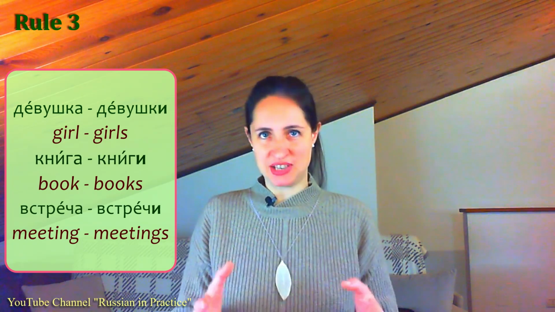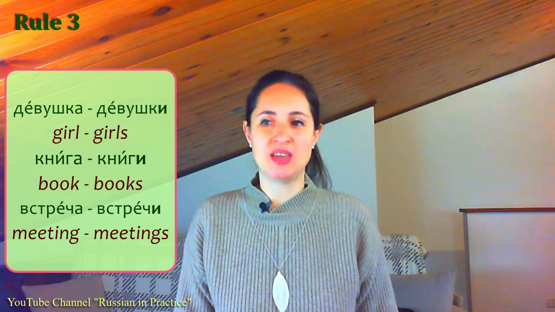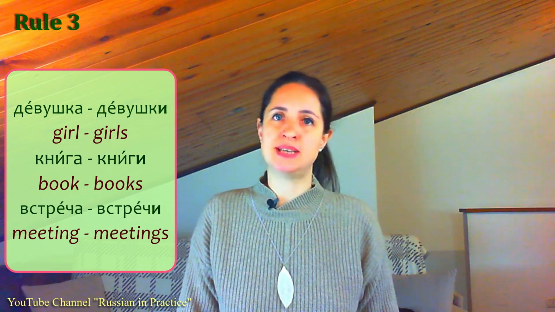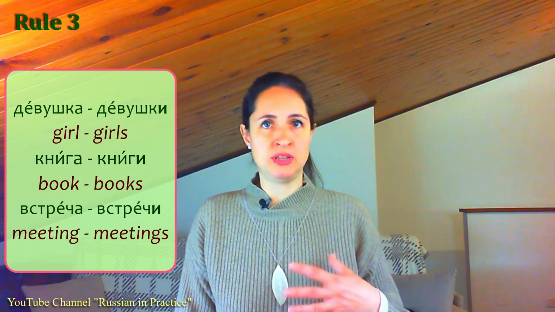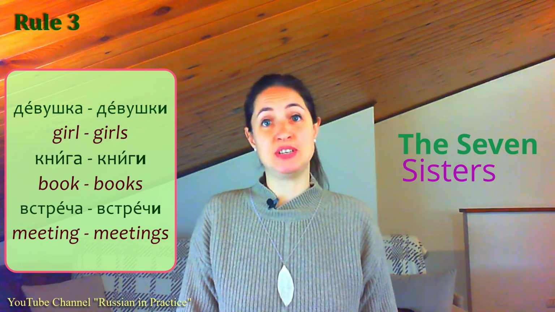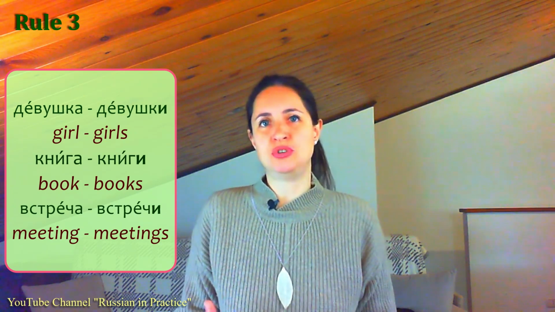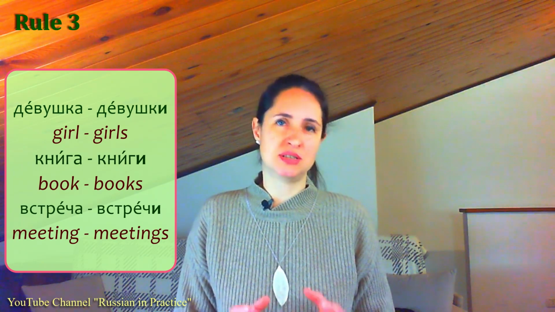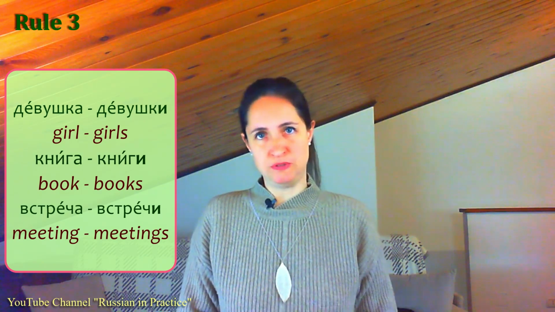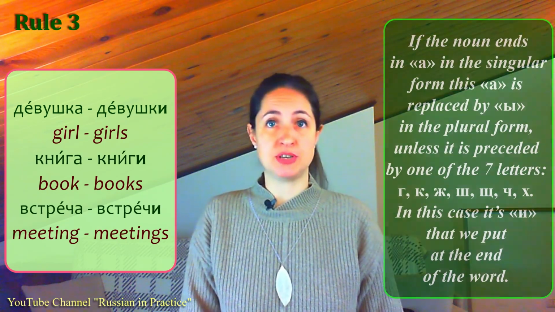This is the asterisk we noticed before. The asterisk may be translated as apart from, except. I call this rule in the poetic way the seven sisters, which are the seven letters that bring a bit of disorder into the Russian grammar in so many of its aspects. So let's say the rule we saw before, deciphering the asterisk this way.